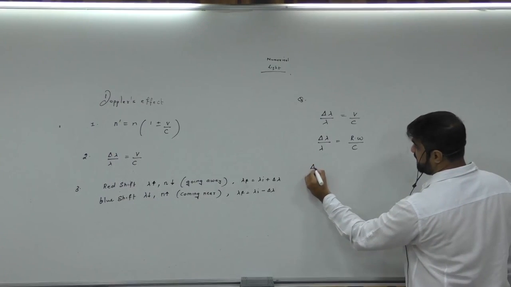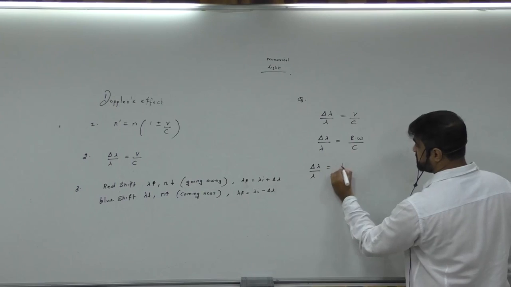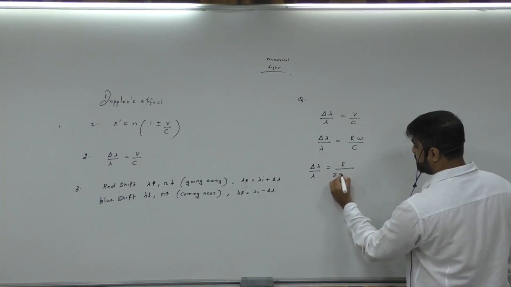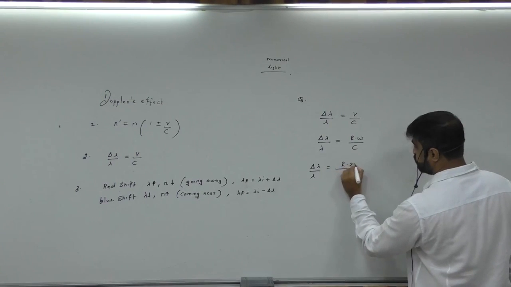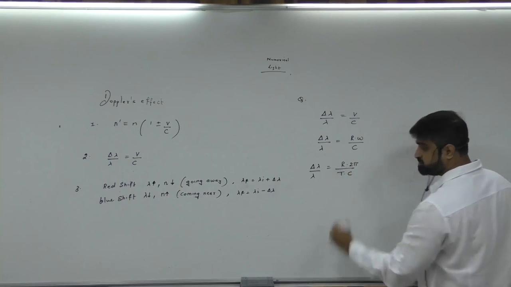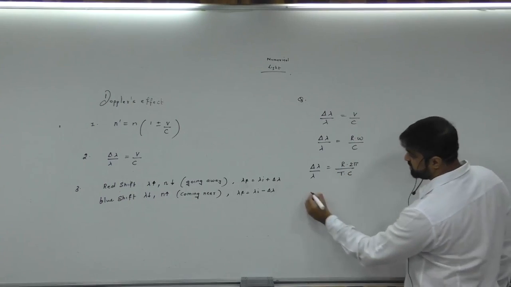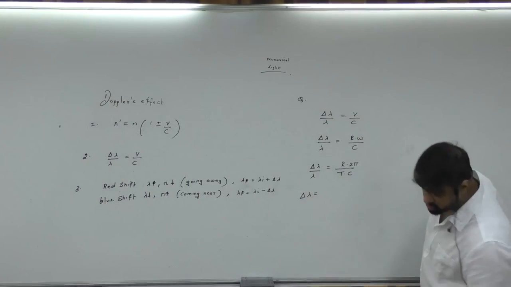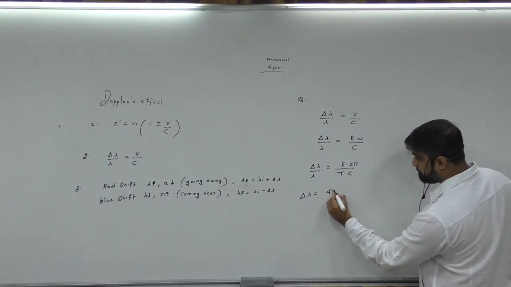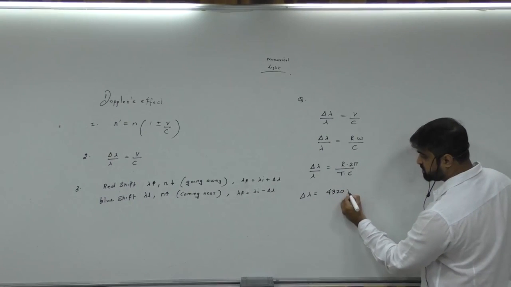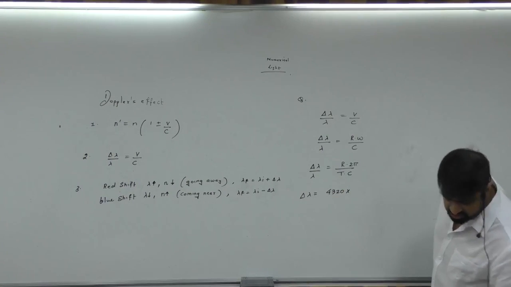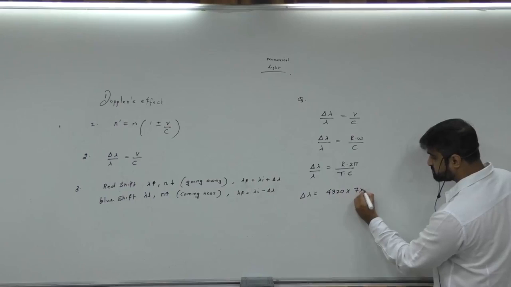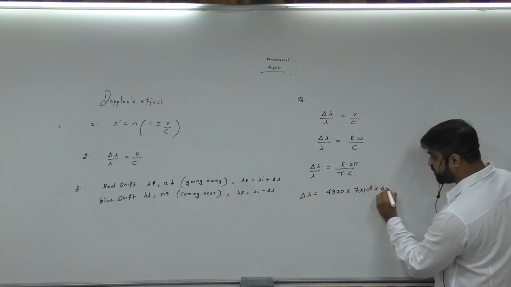So delta lambda by lambda is R 2 pi by T into C. हमको डेल्टा लैम्डा चाहिए. Lambda is given as 4320 Armstrong. Radius is given in the question as 7 into 10 is to 8. 2 pi is 6.28.